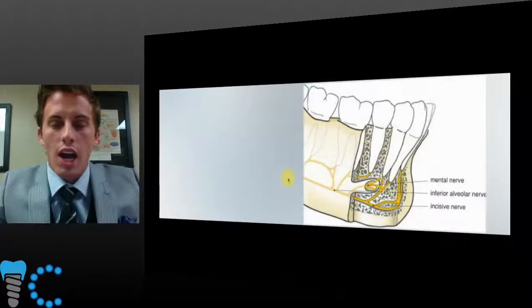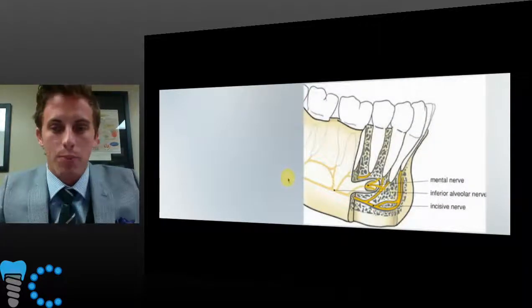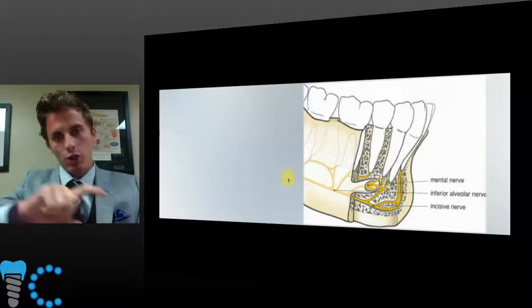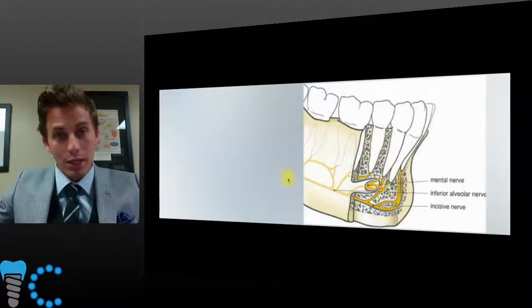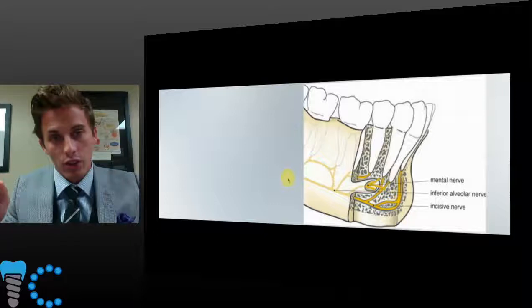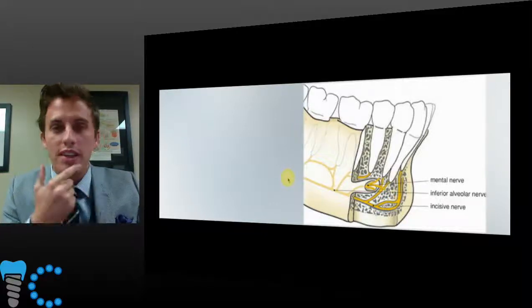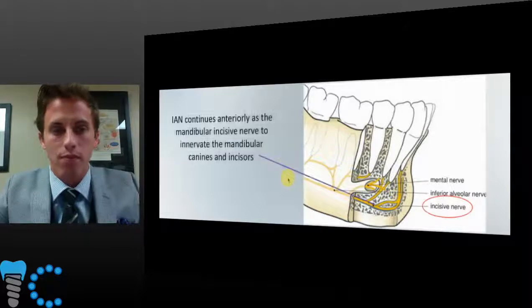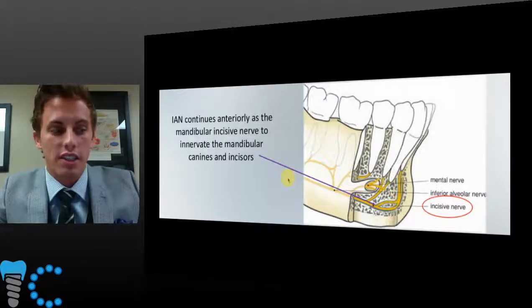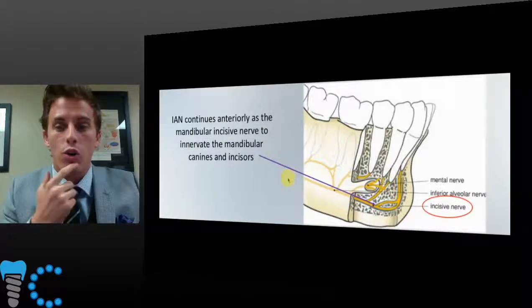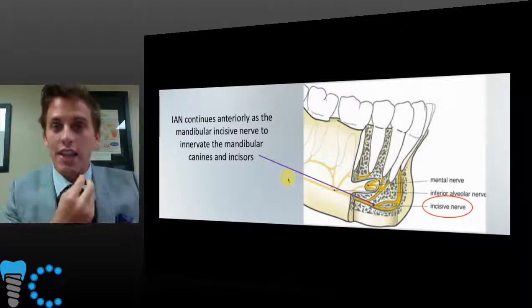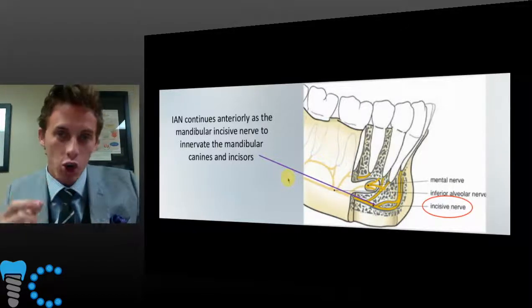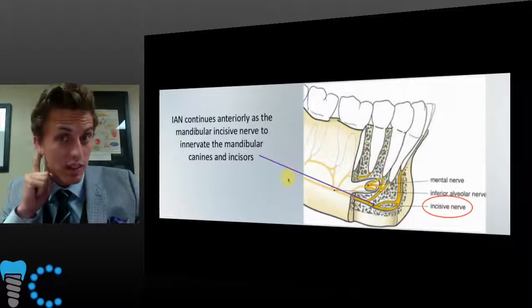A lot of people aren't familiar with this next portion. When the inferior alveolar nerve leaves the mental foramen, there are still nerves that go through the symphysis or the chin area inside the jawbone. This is actually called the incisive nerve, or the incisive branch, and that nerve is in the jawbone through the incisive canal.